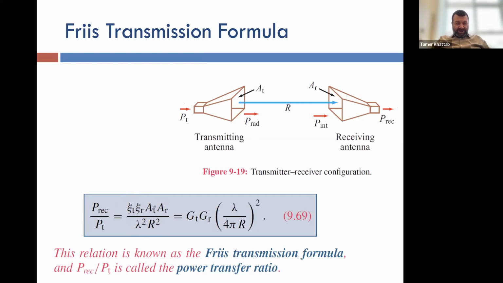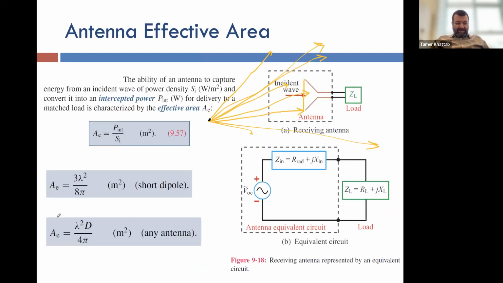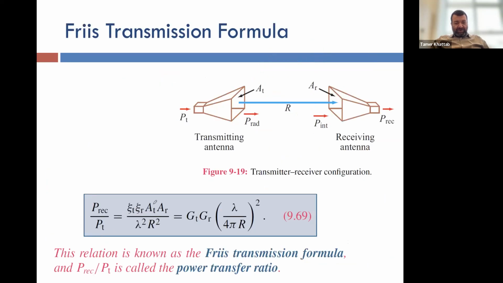Now, if you substitute the values of AR and AT, the effective area of the receiver and the effective area of the transmitter, which is given in this slide, lambda square directivity over 4 pi, you substitute those A's by lambda square directivity of the transmitter over 4 pi and lambda square multiplied by directivity of the receiver over 4 pi.